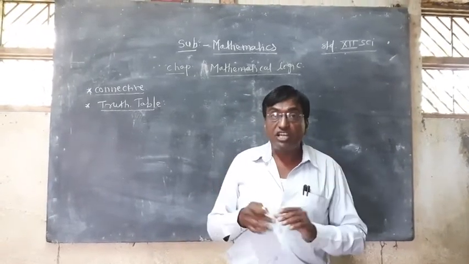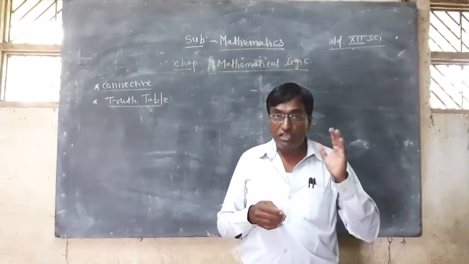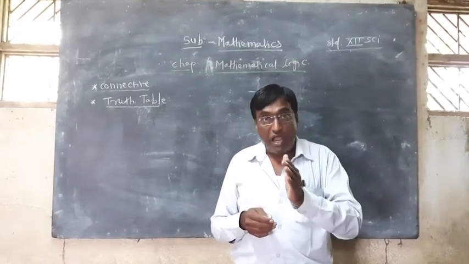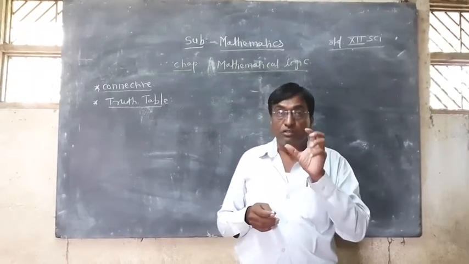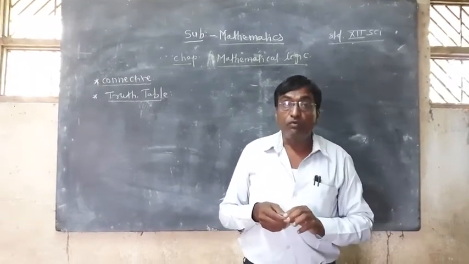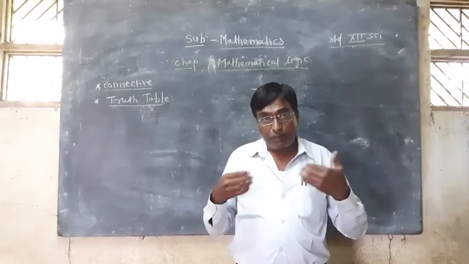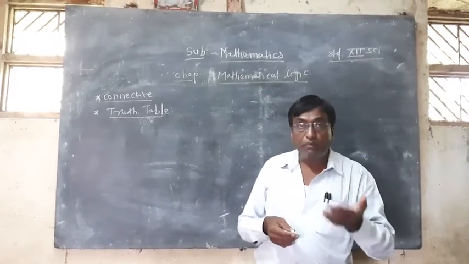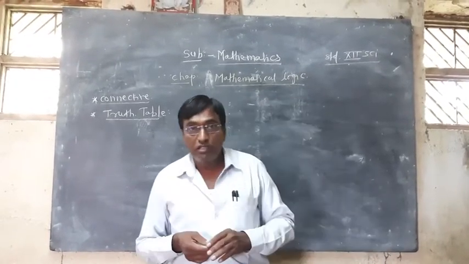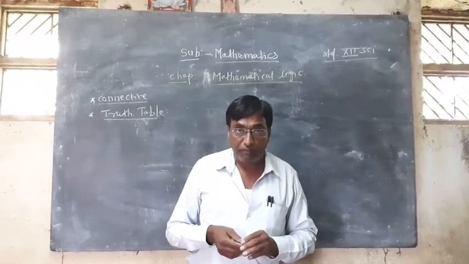Then the conditional statement, that is implication. Implication means if statement, then statement. Two statements are connected by the words if, then. Next is the both way implies, or double implication.